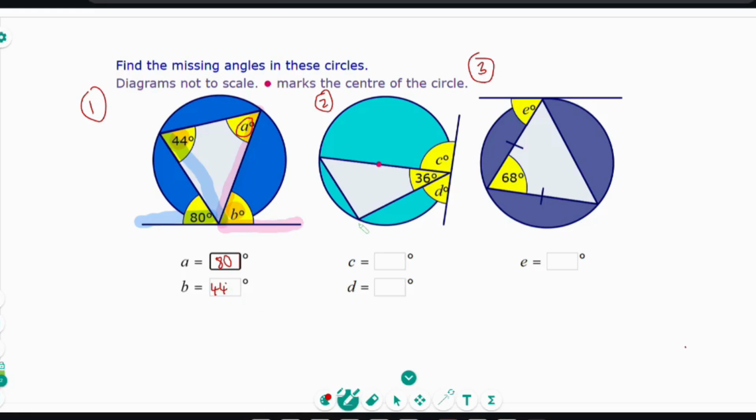So here we have a couple of circle theorems going on. You've got a diameter within a triangle within your circle, so that's 90 degrees. Angles in a triangle add up to 180. So our missing angle is 54 degrees.